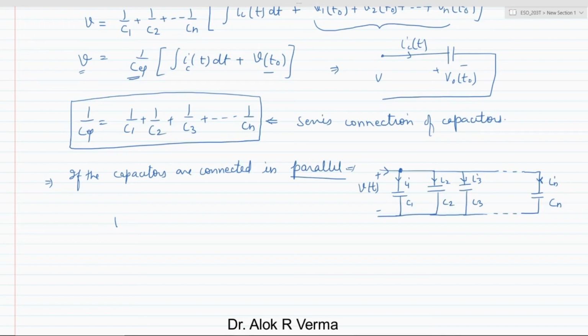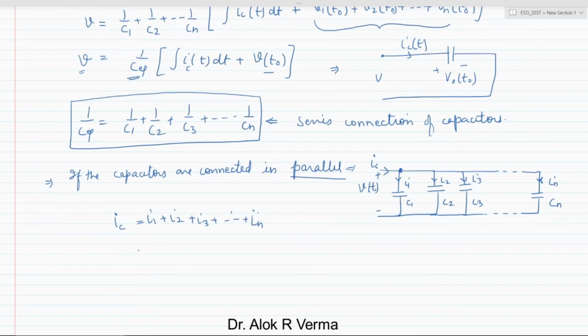So applying KCL at this junction, the total charging current IC is nothing but I1 plus I2 plus I3 and so on, up to In.